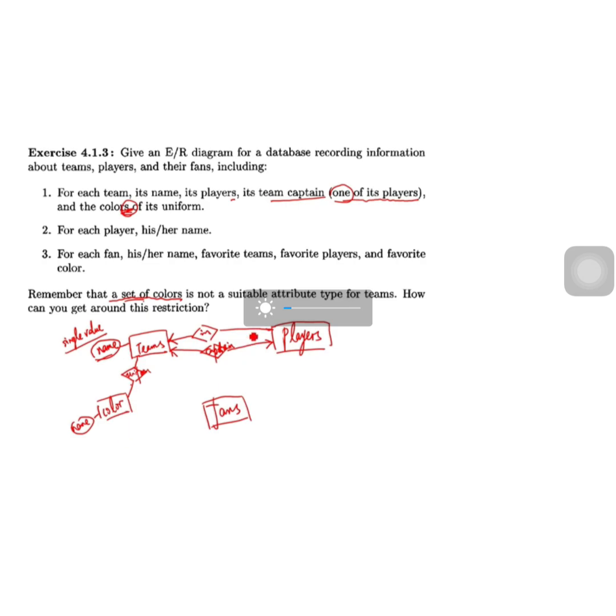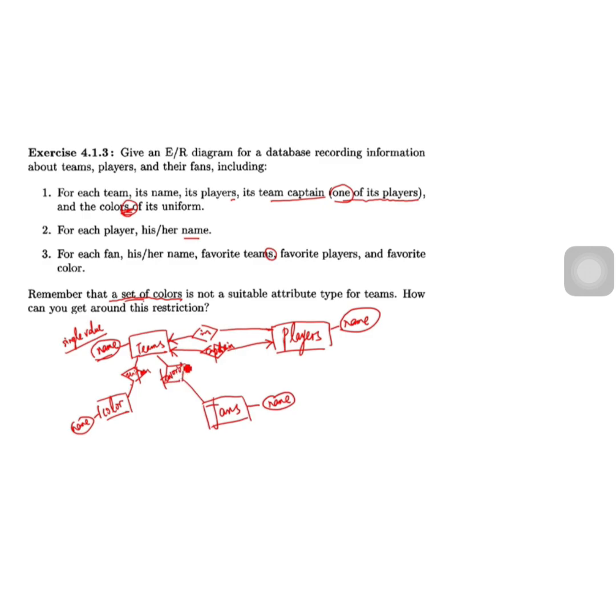Okay. Now, for each player, its name. Okay, player, there is a name. Now for each fan, its name or her name, and favorite teams. Then there is a relationship between teams and fans, favorite.